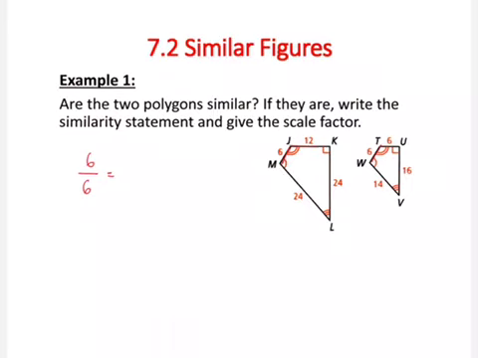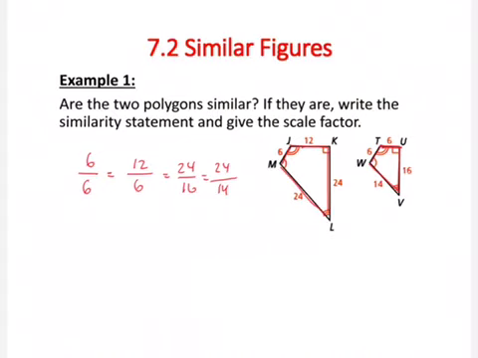Then we go to JK and TU, so that'd be 12/6. Then we go to KL, which is 24, over UV, which is 16. And then we've got LM, which is 24, and WV, which is 14.